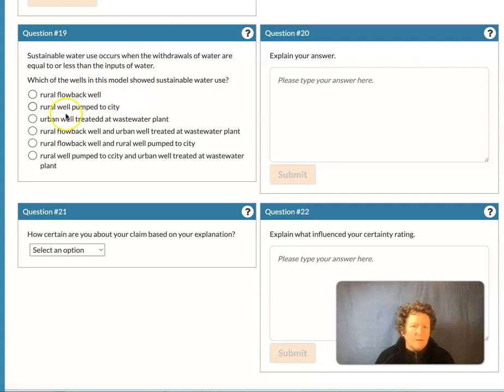The rural flowback well, rural well pumped to the city, urban well treated at a wastewater plant and then that wastewater is sent to another body of surface water, rural flowback well and urban well treated at wastewater plant, rural flowback well and rural well pumped to the city, rural well pumped to the city and urban well treated at wastewater plant. Think about which aquifer is getting recharged, and then explain your answer.